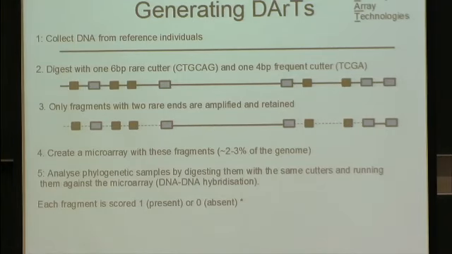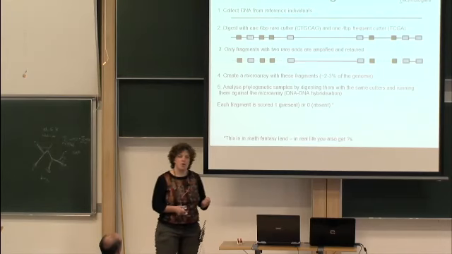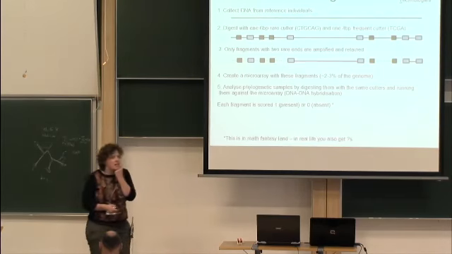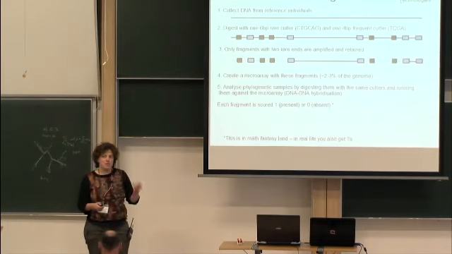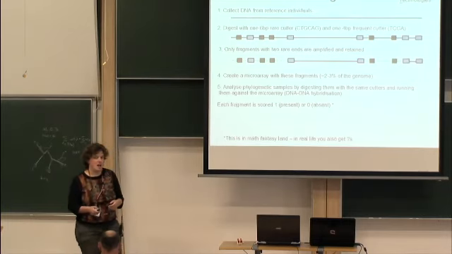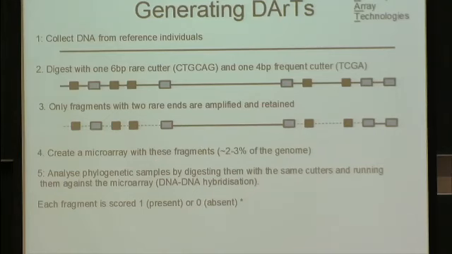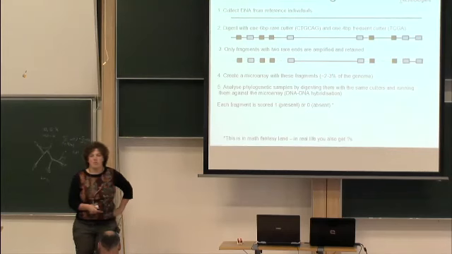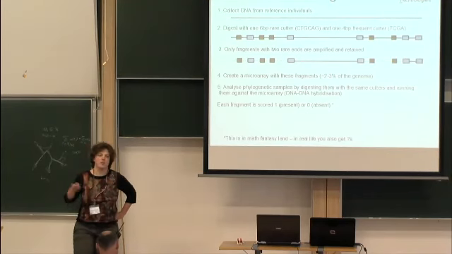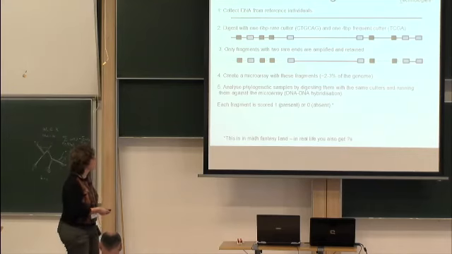So what that does is give you a pretty random subset of your genome. The data that Dot has is for eucalyptus trees, and in her case she gets about 8,500 of these fragments. They can be anywhere from 100 base pairs to maybe 1,000 or so base pairs long.